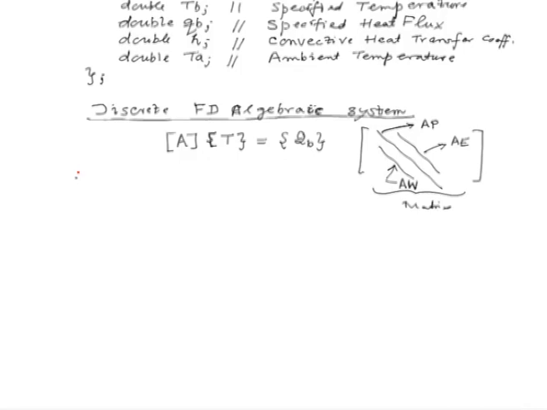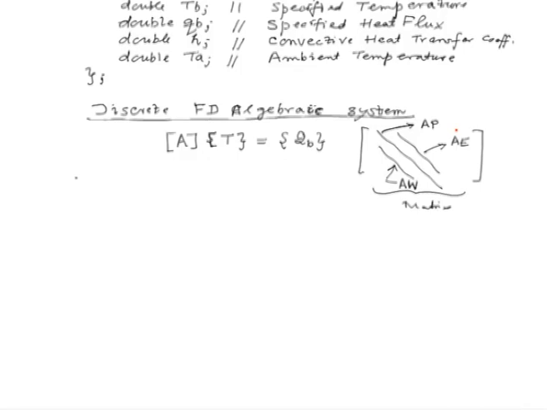So basically we need to provide a data structure which encapsulates AP, AE, AW, T and QB, all of them together. Here we can make a choice if you want to. We can keep AP, AE and AW, which form this 2-dimensional matrix, as a part of one data structure. We can leave T and QB, which are simple vectors, alone. So we can decide on either choice, and the other choice is equally good.